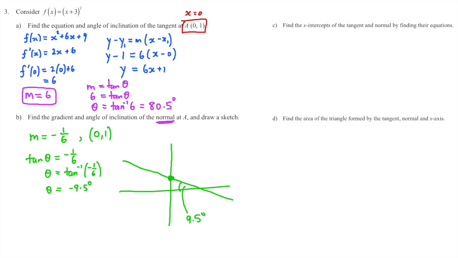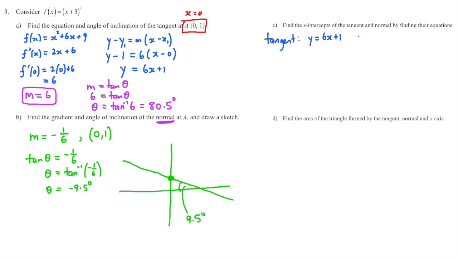Part C says, find the x-intercepts of the tangent and the normal by finding their equations. Well, for the tangent, I know its equation. The tangent was y equals 6x plus 1. We found that. How do you find an x-intercept?